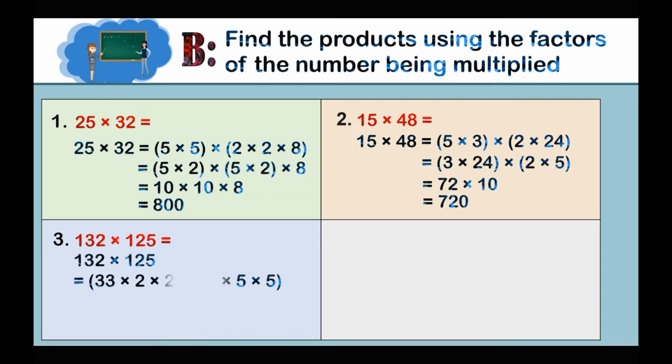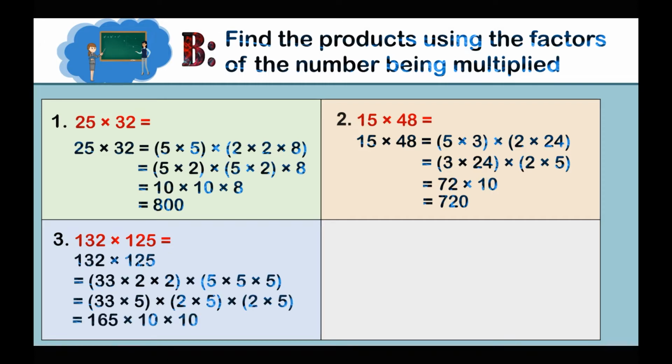Factors of 132 times 125. We will get 33 times 2 times 2 times 5 times 5 times 5, which will give us 165 times 10 times 10. And the final answer will be 16,500. Number 4. 64 times 175.